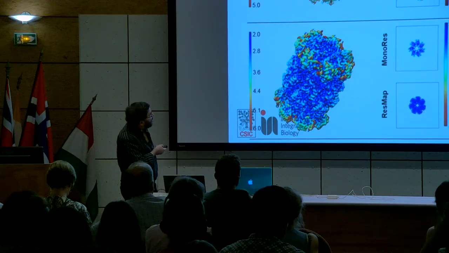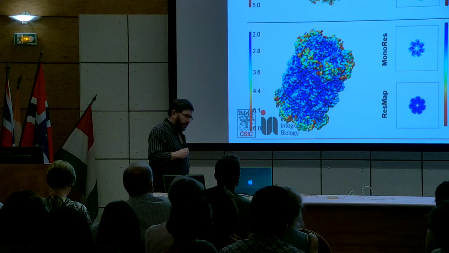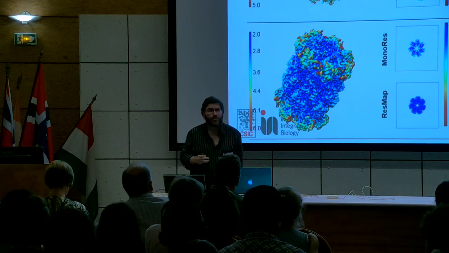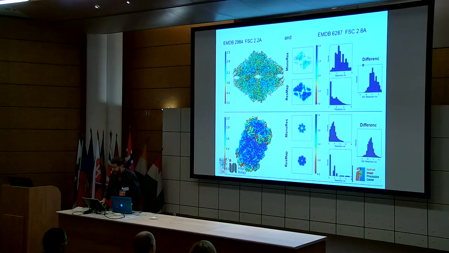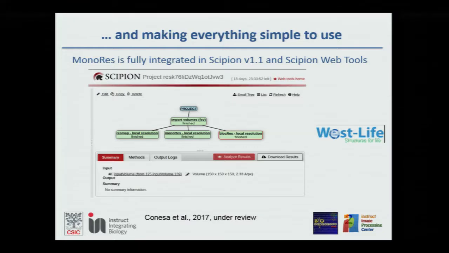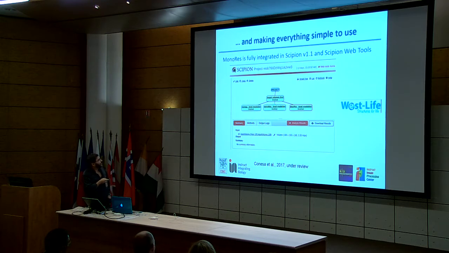We are comparing the histograms that we obtain with respect to other methods, with the spirit of having everything very accessible to users and very open. Very soon, when you go to the EMDB, in validation resources, and go to local resolution, this is what you are going to get, where you will be able to simultaneously compute ResMap, MonoRes, and another method that the group of Alistair Steven and Bernard Heyman developed a number of years ago, named BlockRes.